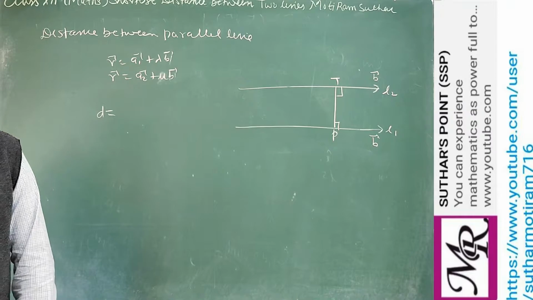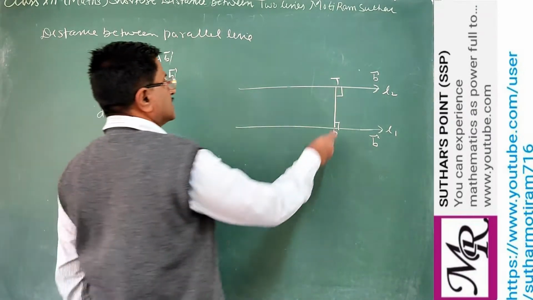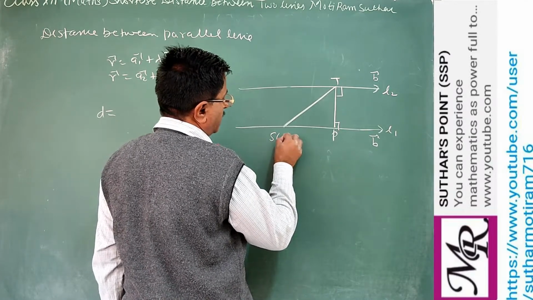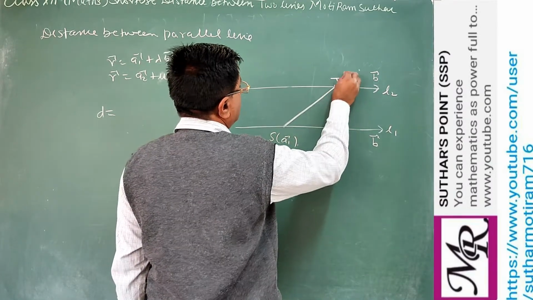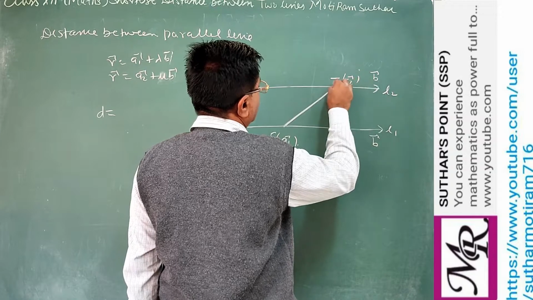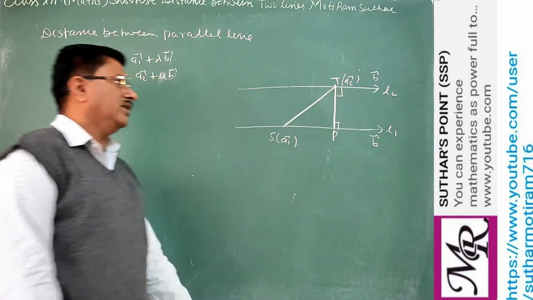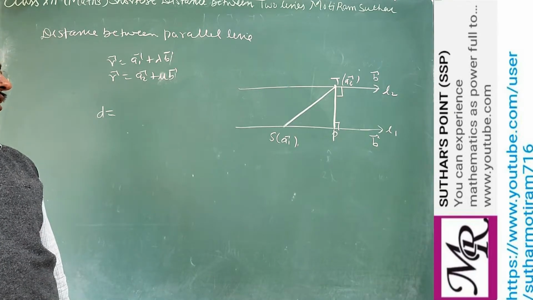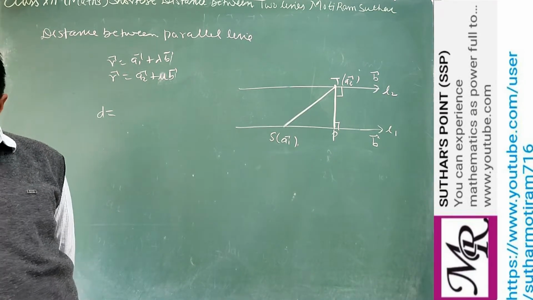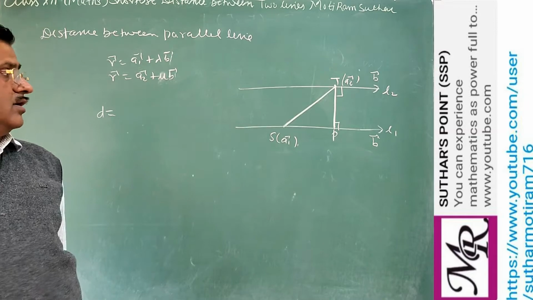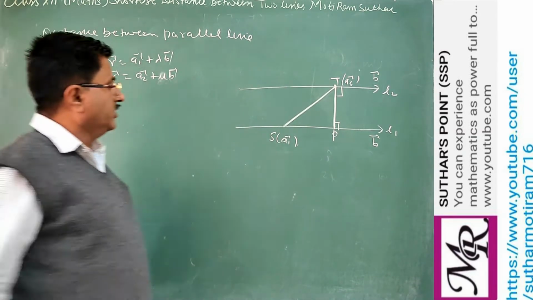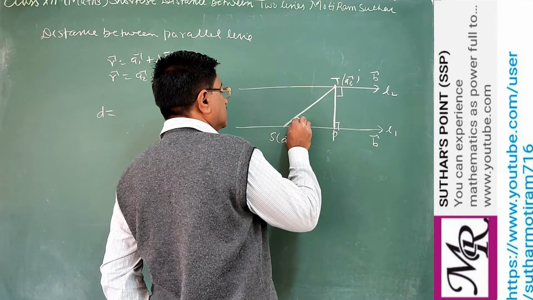Clear? Now we take the position vectors of the points, S with a1, T with a2. These are parallel, that's why the point T we are taking common, as TQ is a perpendicular on this, and we have to find the projection of ST on TP, and the angle of the projection is theta.